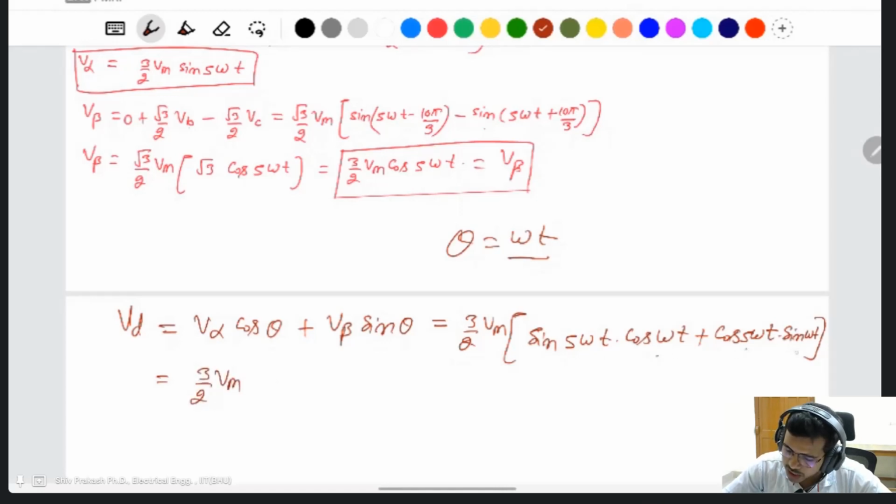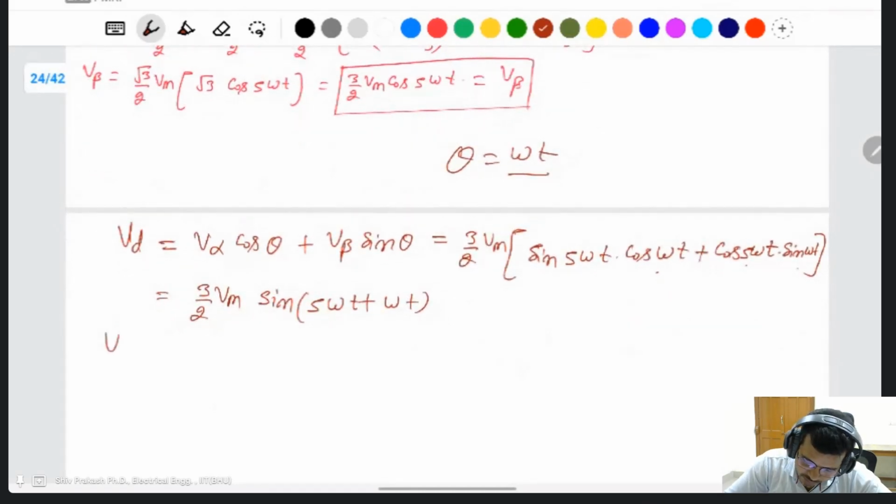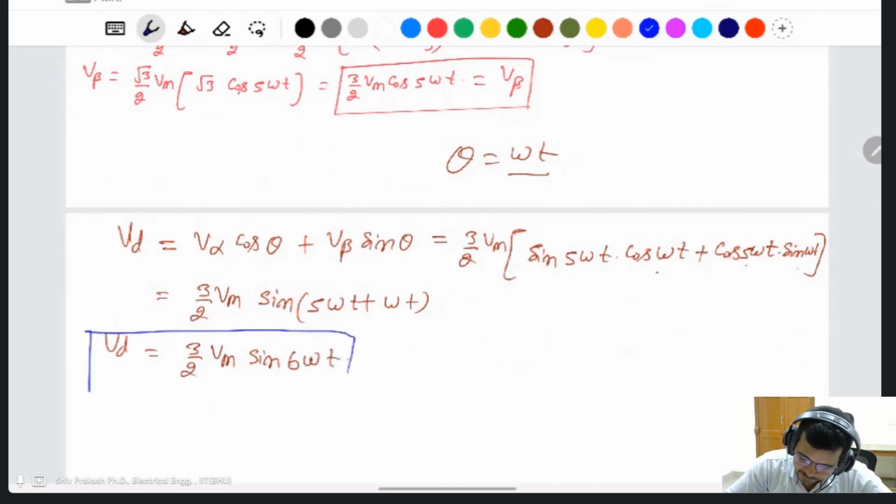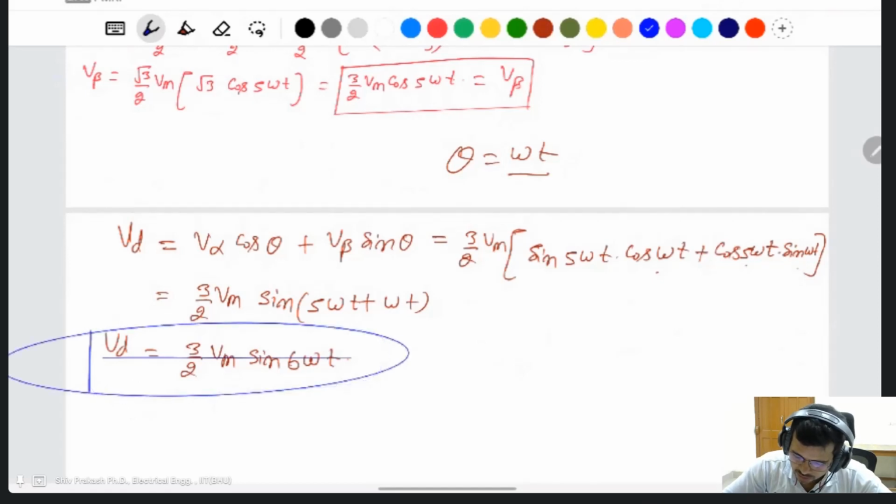Sin a cos b plus cos a sin b means sin of a plus b. Sin of a plus b means sin of 5 omega t plus omega t, so 3 by 2 Vm sin 6 omega t. From Vd, you can say sixth harmonics are present.